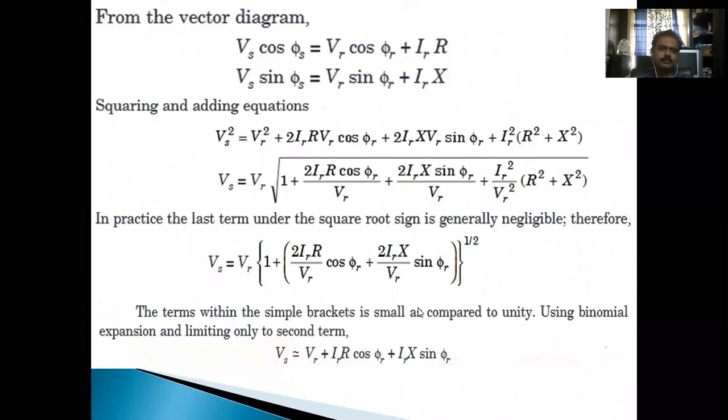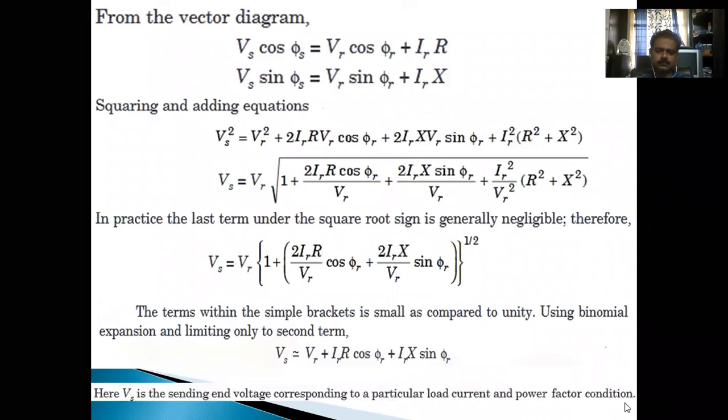Okay. Here Vs is the sending end voltage corresponding to a particular load current and power factor condition.